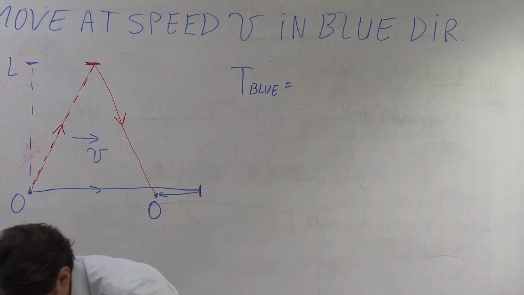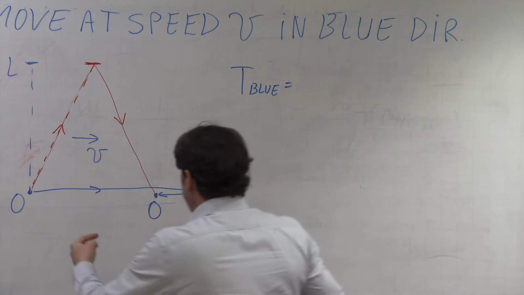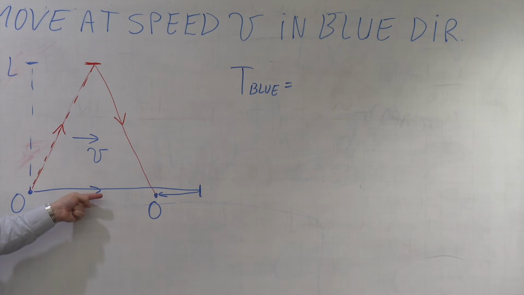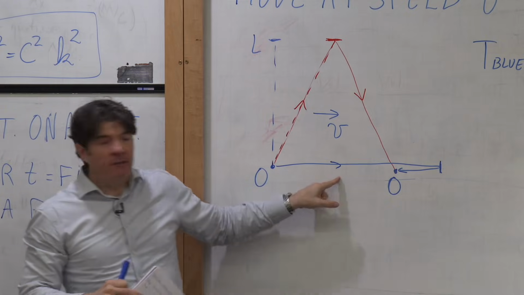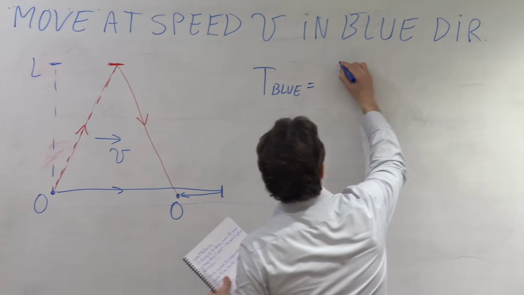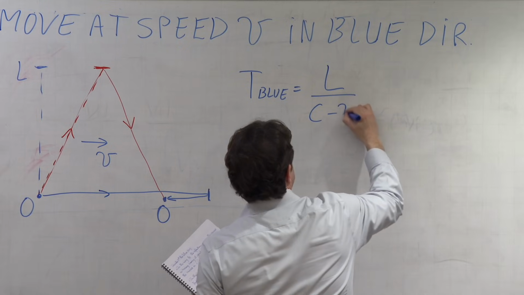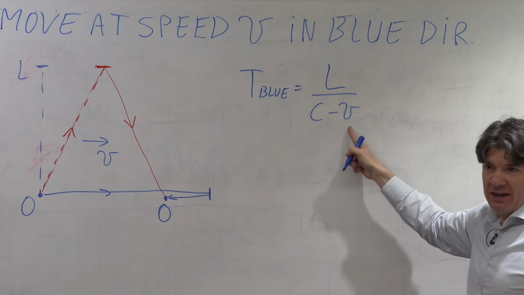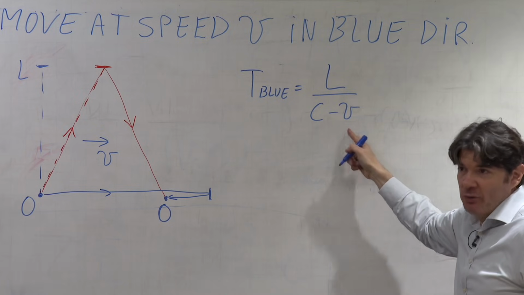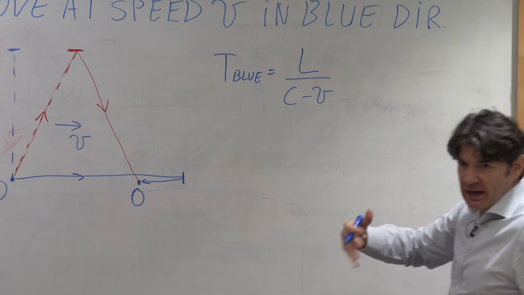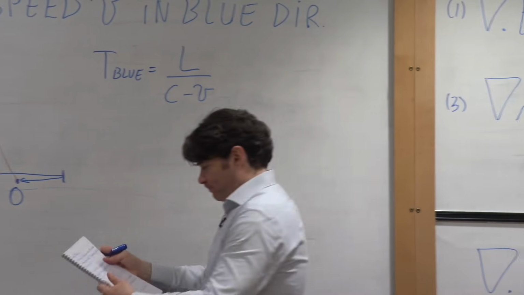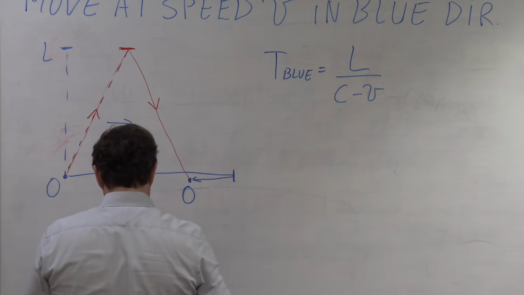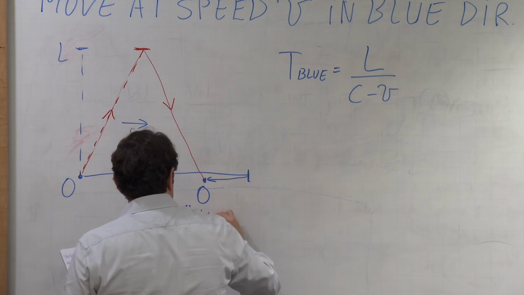Now, when light goes towards the target, like this, towards the reflecting mirror, because the mirror is running from us at the speed v, the velocity is effectively c minus v, okay? It's like we are moving a bit slower. We are reaching the mirror in a slower way. However, when we come back, this is actually called an interferometer.